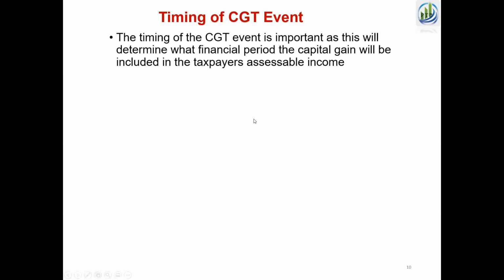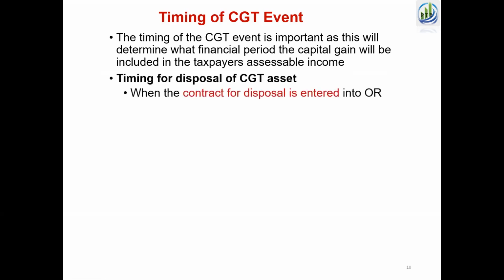Now we are going to talk about the timing of a CGT event. When exactly is the taxpayer liable to pay capital gains tax? That's called the CGT event. There are two very simple terms here. One, when the contract for the disposal is entered into, that's the day of the CGT event.